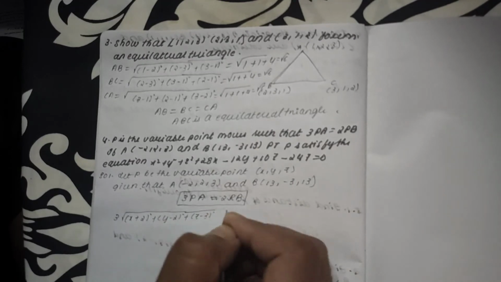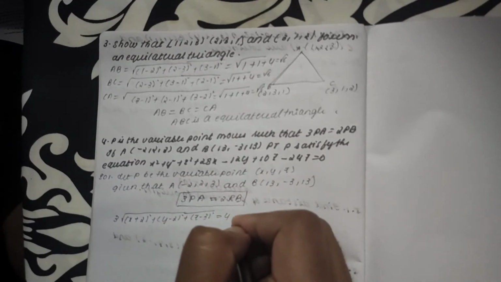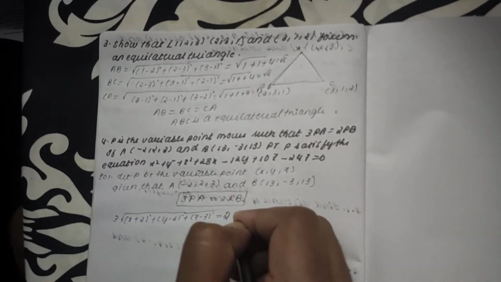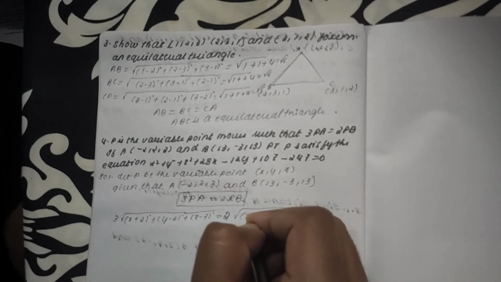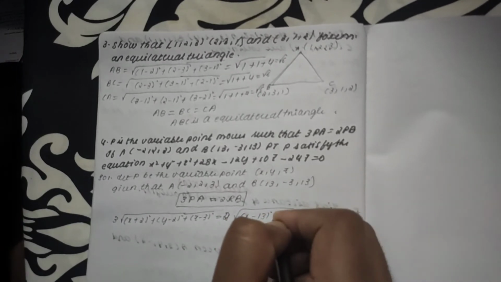So 3 into the distance PA, which is root over (x plus 2) whole square plus (y minus 2) whole square plus (z minus 3) whole square, equals 2 into root over (x minus 13) whole square plus (y plus 3) whole square plus (z minus 13) whole square.